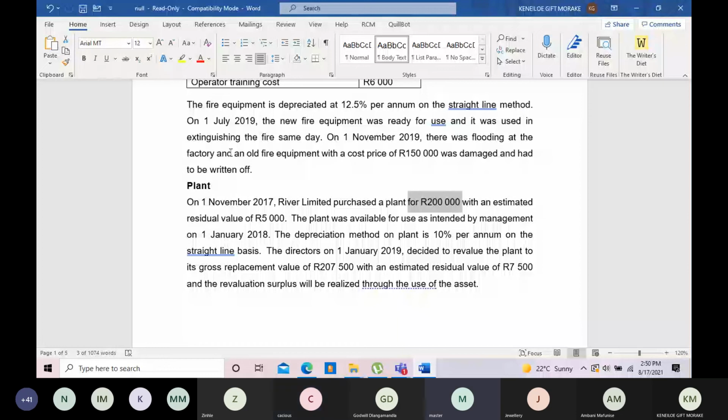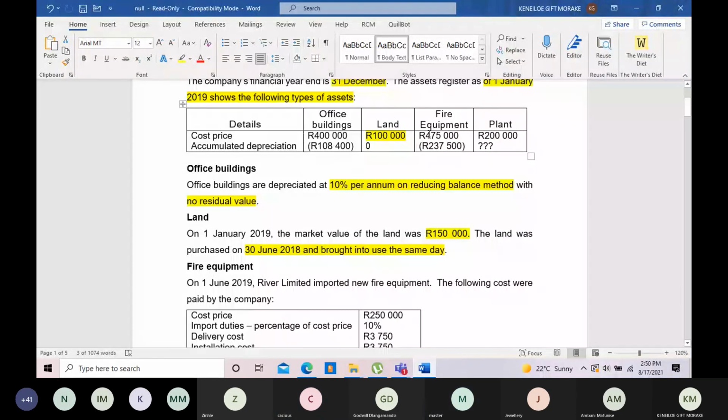You calculate the depreciation, and then you go down there, you check how much is the percentage of depreciation based on fire equipment, because you don't know the number of years now. I'm trying to give you the formula. You take the cost price at the beginning, you find out how much is the depreciation for that cost at the beginning.